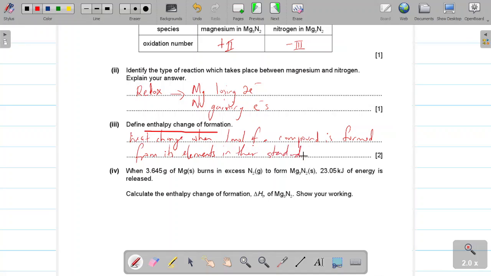This is a straightforward definition that you should be able to recall.